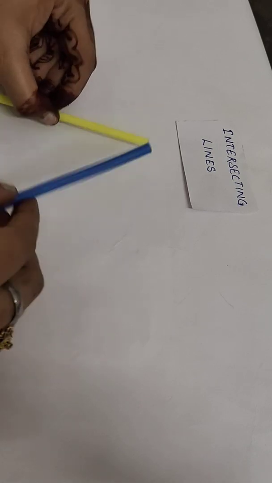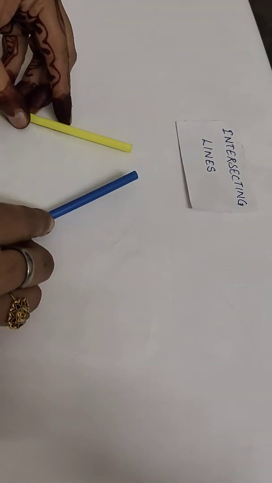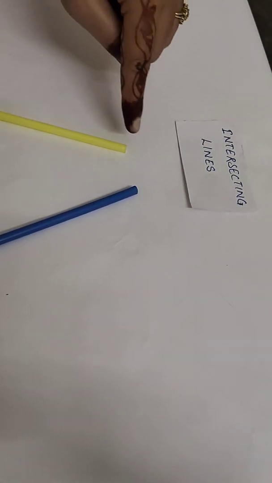Now let me put these two lines like this. If we look at them, we can see no point in common. But here is one important thing: we consider these as lines, and the property of lines is that they extend on both sides.